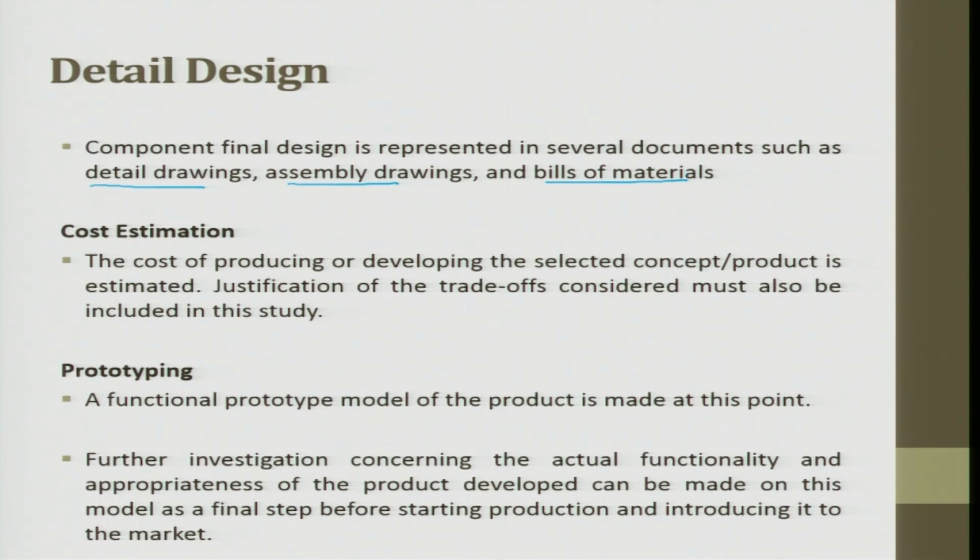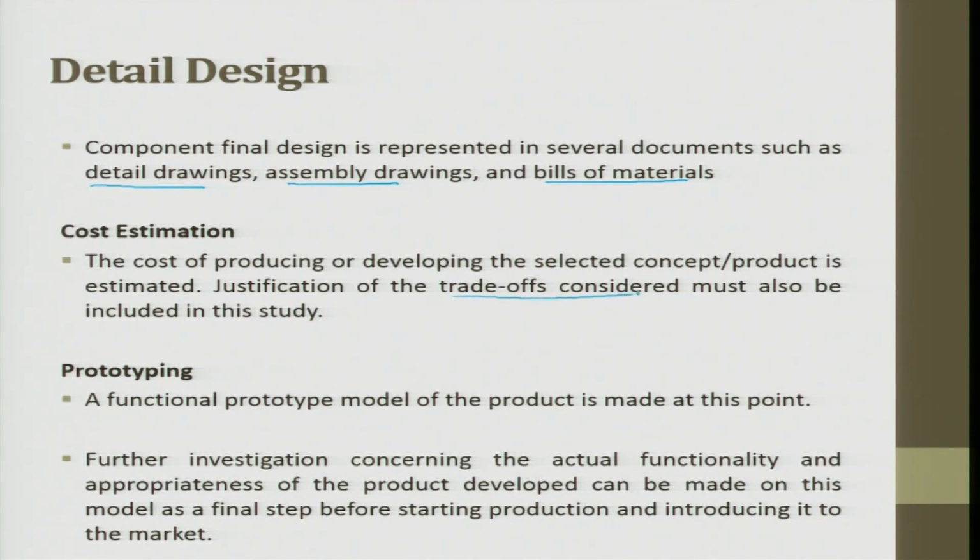And those who are not mechanical will not understand bill of materials. Bill of materials is nothing but the list of all parts which are getting into the final product to be made. The cost of producing or developing a selected concept product is estimated from the costing.